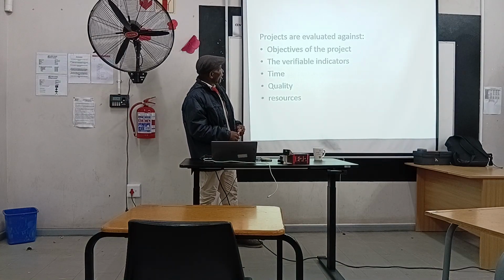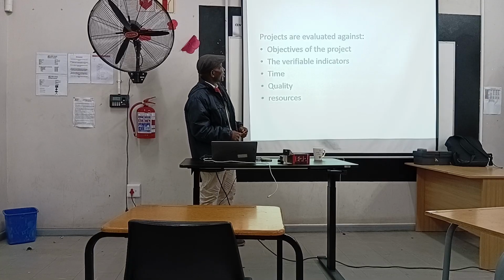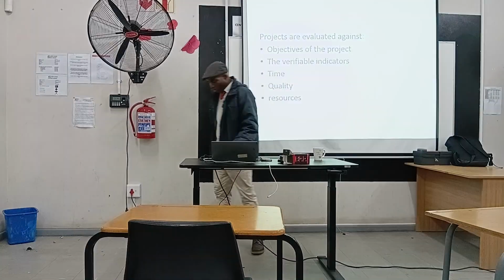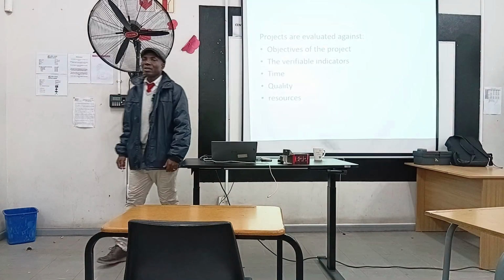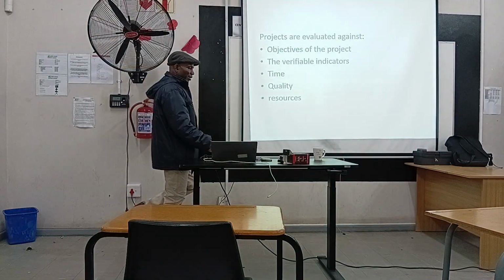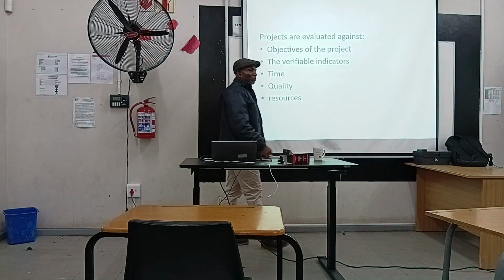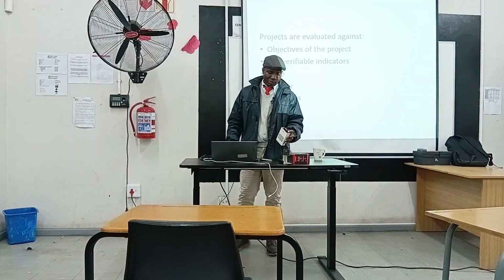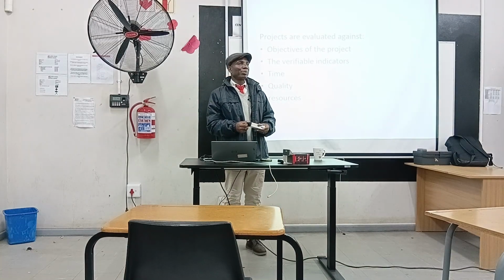So while evaluating the progress, the project is evaluated against the objectives. Remember, you've got the objectives of a project. Guys, listen. How will you know that a project is successful? A project is said to be successful if it is able to achieve its purpose.